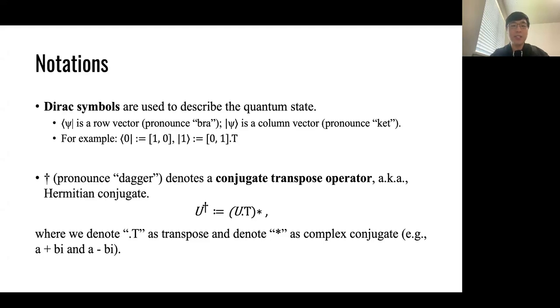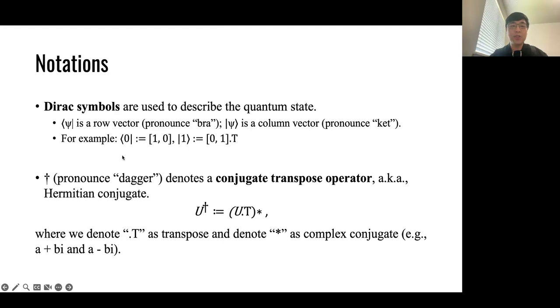Dirac symbols are used to describe quantum states. For example, this we call a bra. A bra is a row vector, and a ket is a column vector.